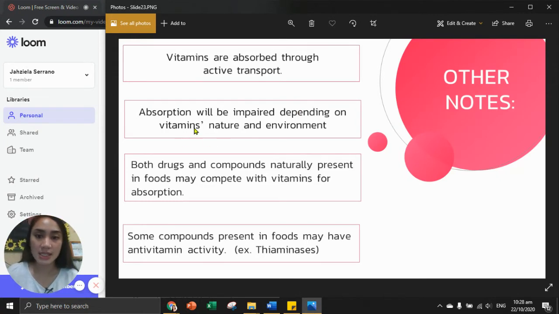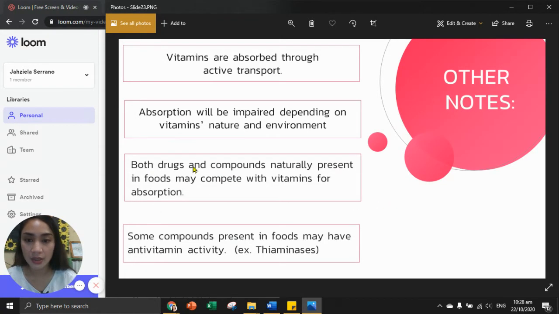So next is absorption will be impaired depending on vitamins nature and environment. So tulad nga nung sinabi ko kanina, for example is uminom ka ng vitamins and then after ilang minutes nag-inom ka or uminom ka ng alak, so baliwala din kasi madi-displace yung vitamins.